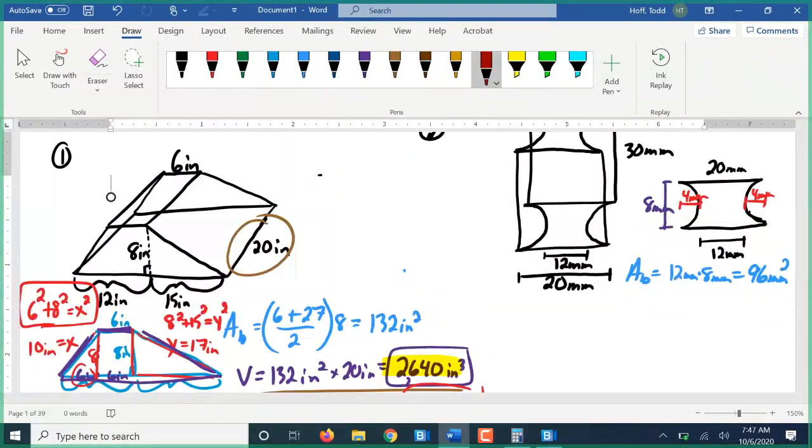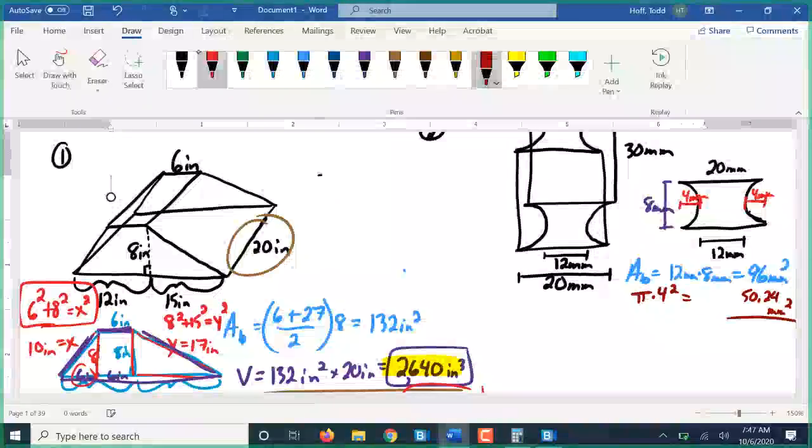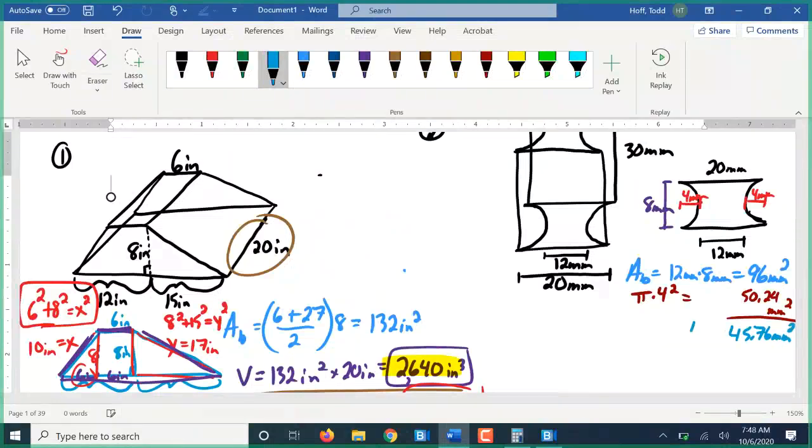We're going to take the 2 half circles and put them together to make one full circle, which would be pi times radius squared, pi times 4 squared, which would be 50.24 millimeters squared. Once we subtract, we get 45.76 millimeters squared, the area of our base.